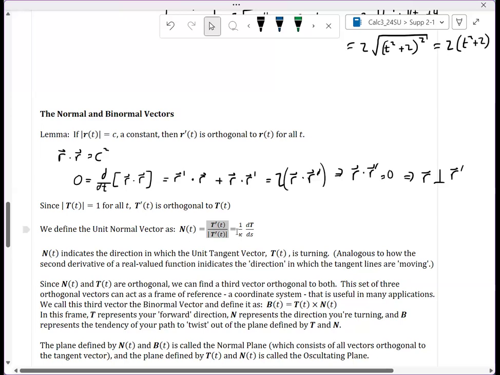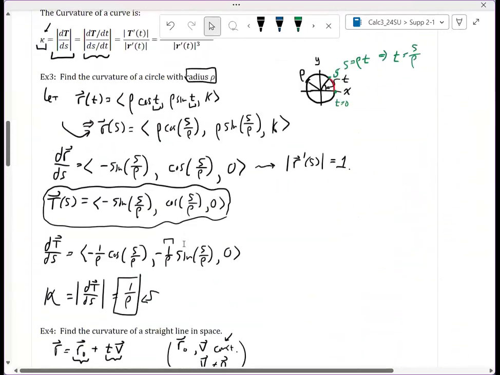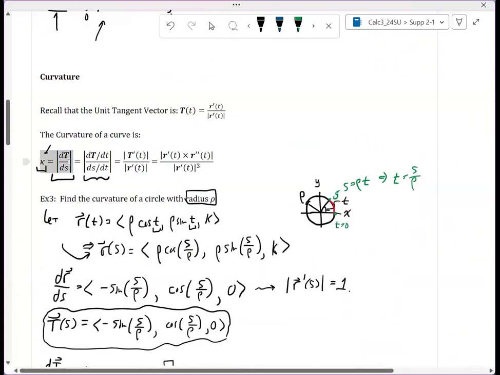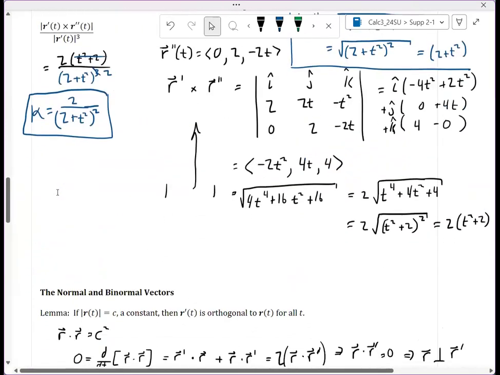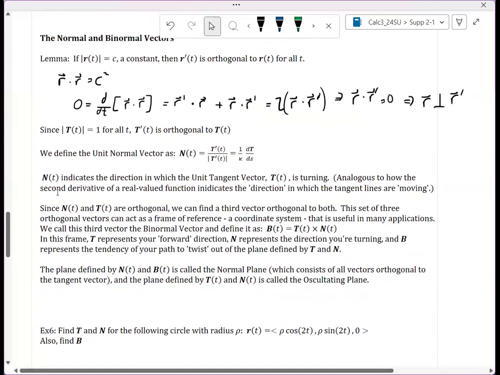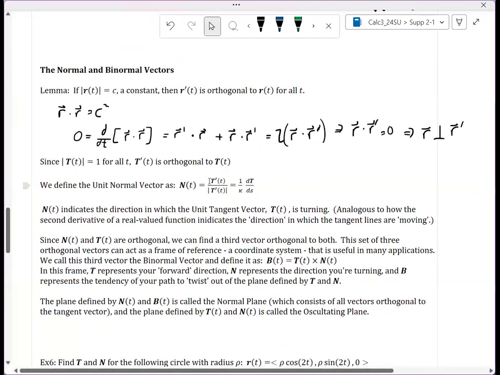T prime over length T prime, or, well, what was our curvature? Kappa was the length of dT/ds. So we could really think of T prime over length T prime as like dT/ds over length dT/ds, just in a different parameterization, parameterizing based on arc length.